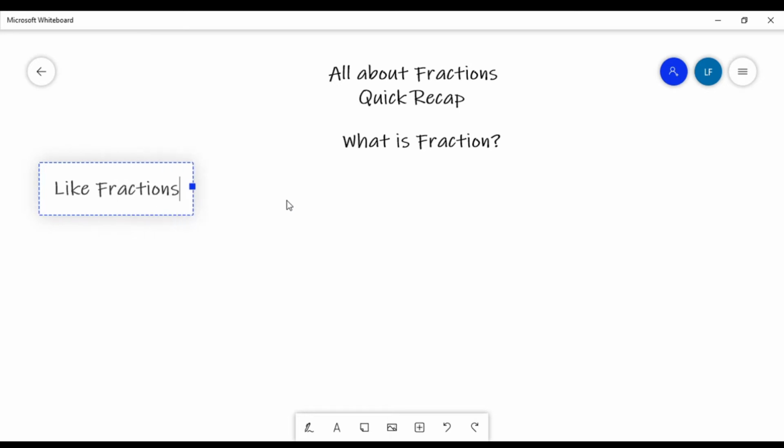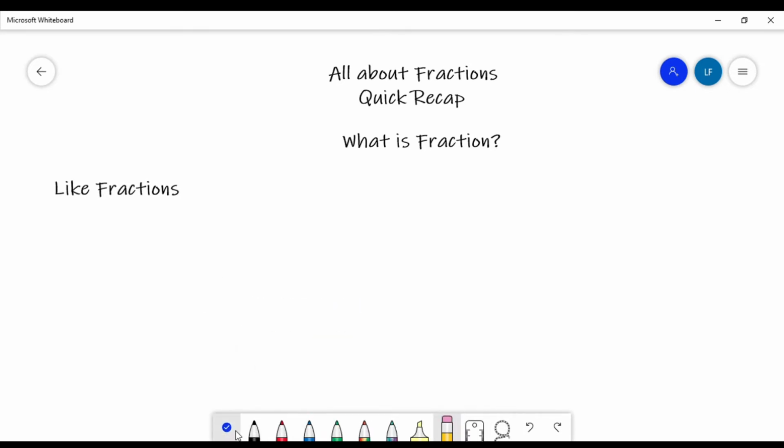Now, what is a like fraction? Well, a like fraction is a type of fraction which can only be identified if there are two or more fractions. It cannot be identified if there is a singular fraction.